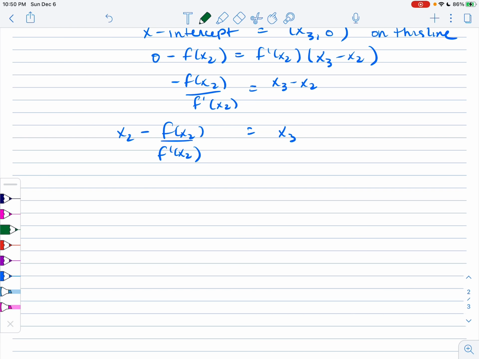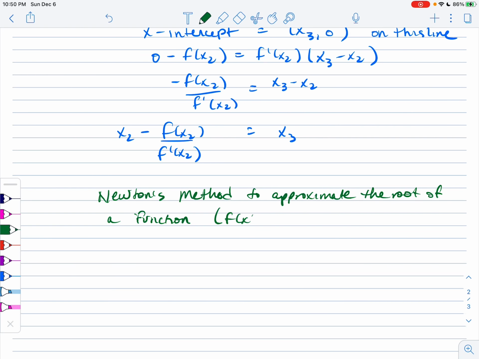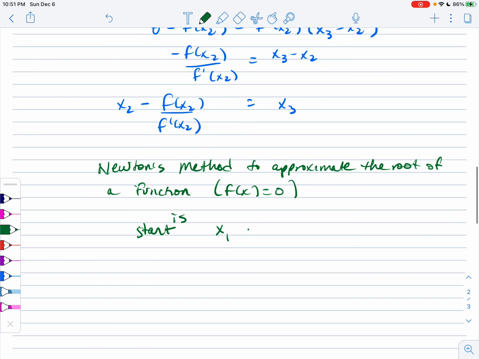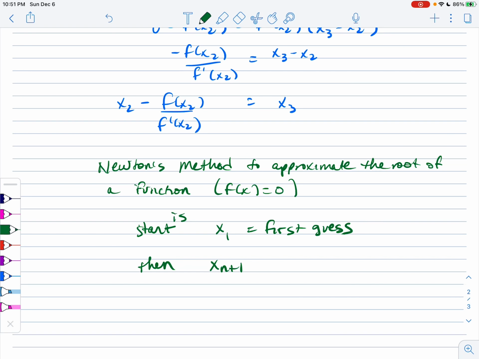So really, in general, Newton's method to approximate the root of a function, i.e. f of x equal to 0, is: if you start with x sub 0, or x sub 1, really, as the first guess, then x sub n plus 1, your next one, is going to be the previous one, take away f of x sub the previous one over f prime of the previous one.